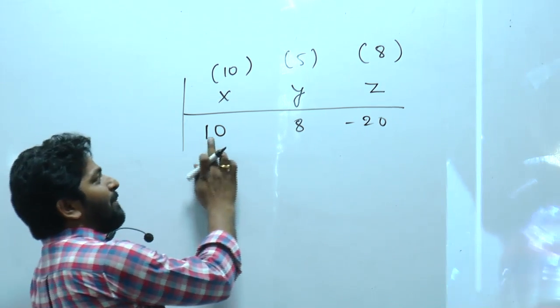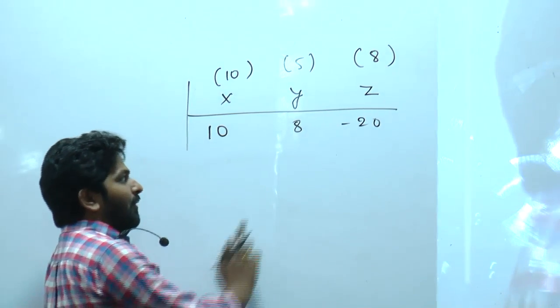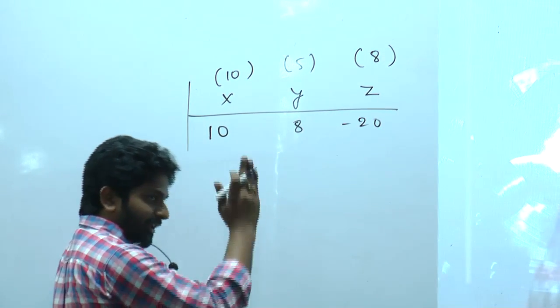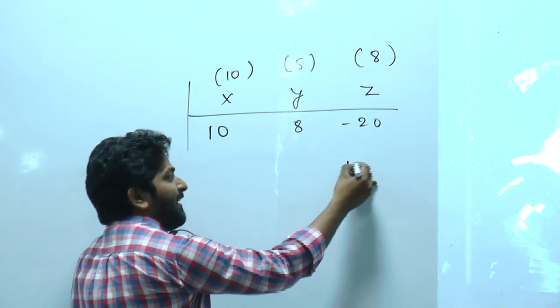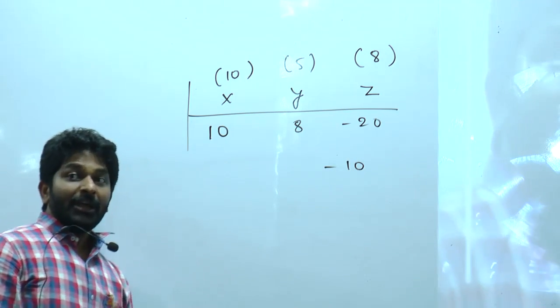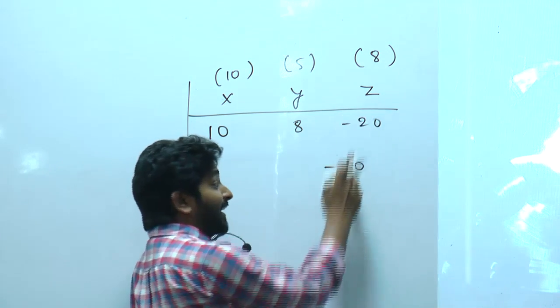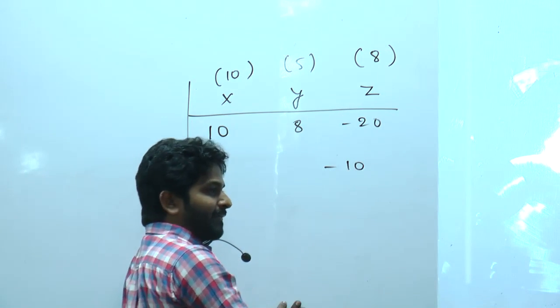Half the tank is filled by X and Y. If the tank is full, Z takes 20 minutes to empty it. If it is half full, it takes 10 minutes. If all taps are open, set Z needs 10 minutes to empty the tank.